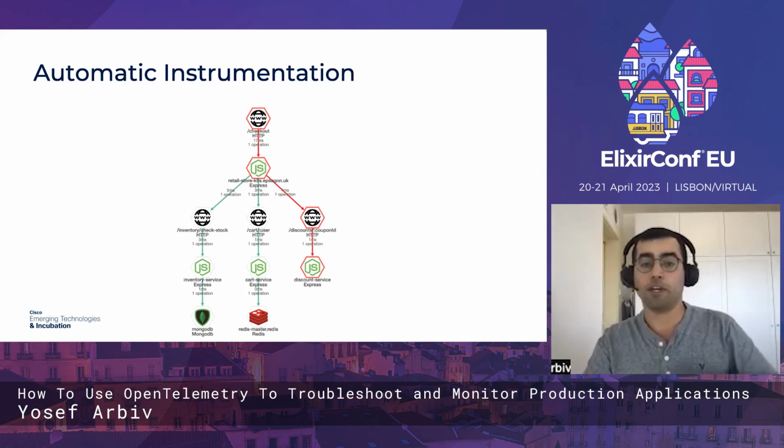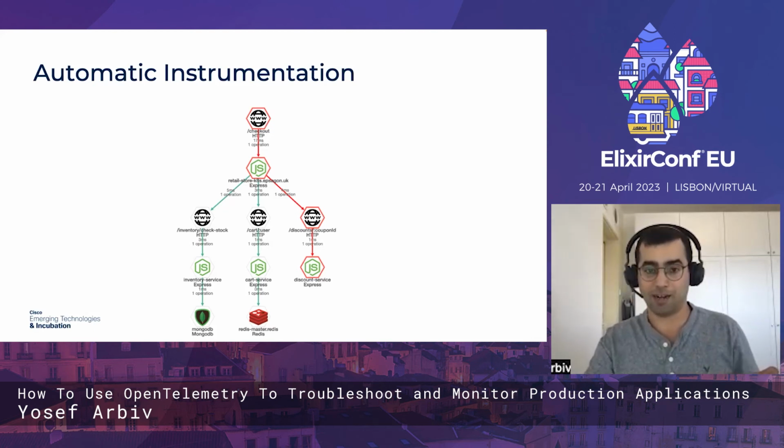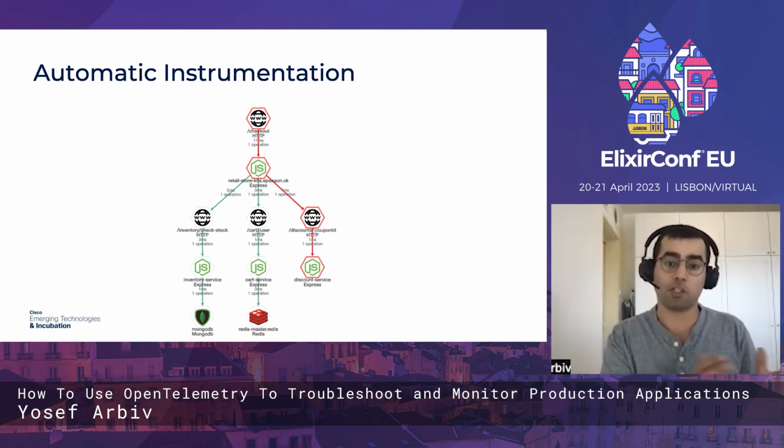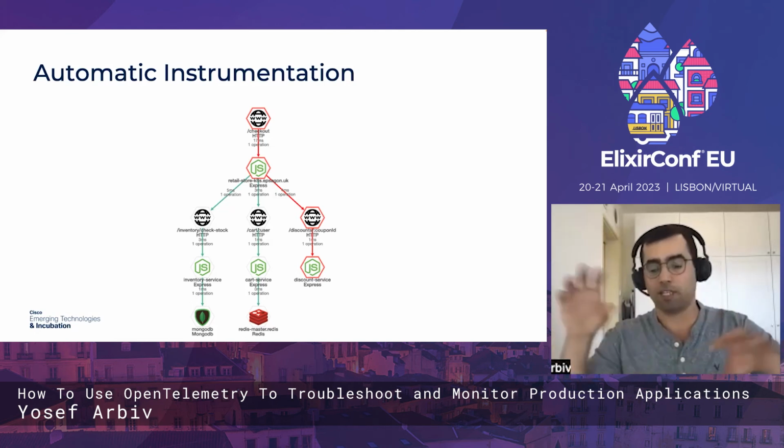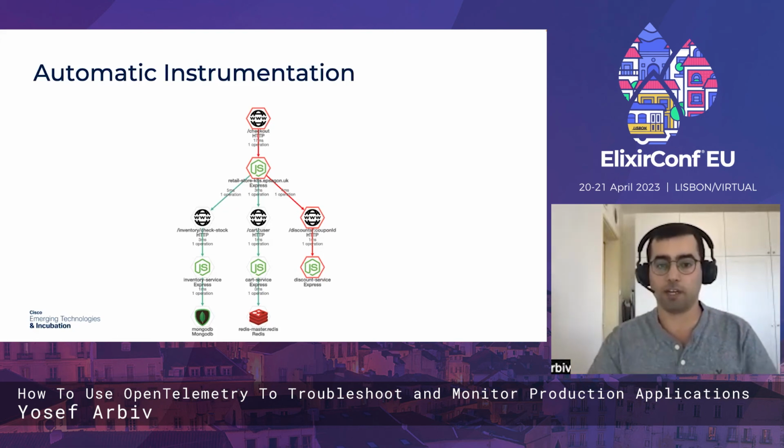So you only have to initialize those instrumentation libraries. And in some programming languages, you don't even have to do that. You can just install the OpenTelemetry agent that does all of the discovery of the different frameworks and the installation of the instrumentations automatically for you.